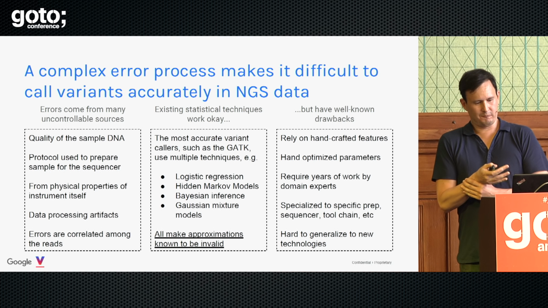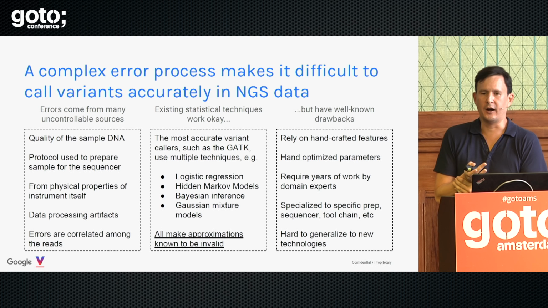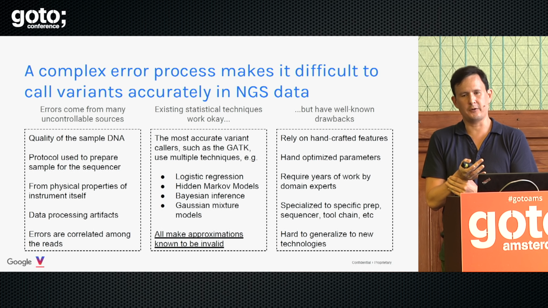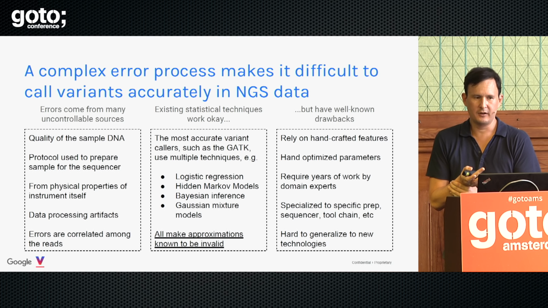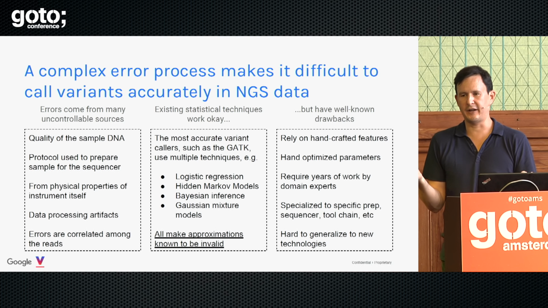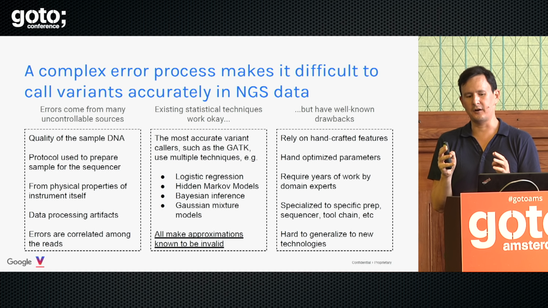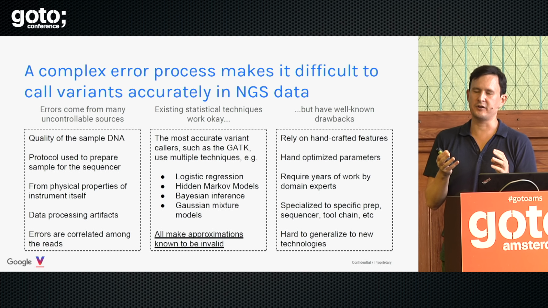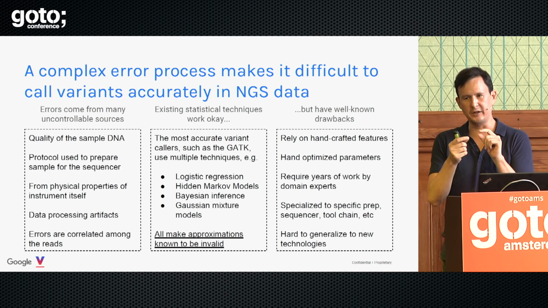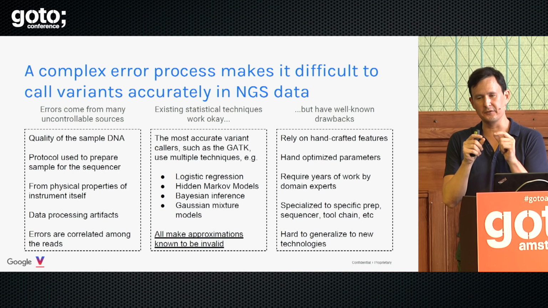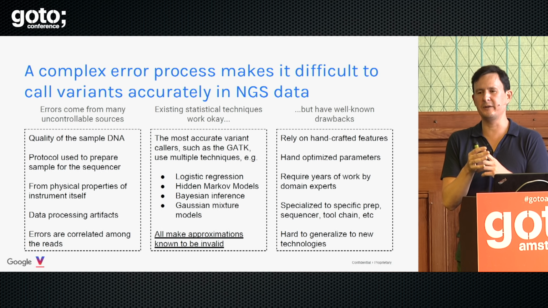There's been several decades of work to build models that address these problems. If you survey the literature, you'll see a whole bunch of classical statistical methods that make approximations and assumptions, fine-tuned by human experts, where those approximations are known to be inaccurate.